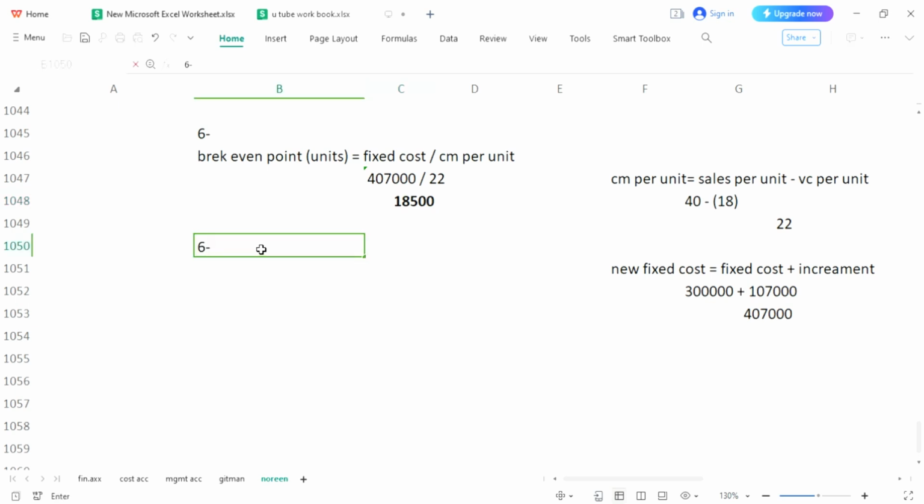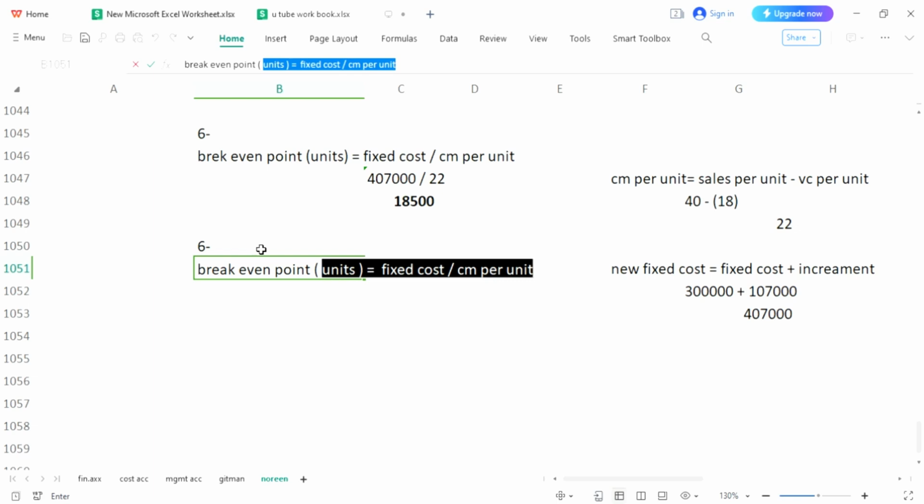We are going to calculate break-even point in terms of dollar, or amount, or sales. How do you calculate in terms of dollar? You need to have fixed cost and you will divide it with CM ratio, or contribution margin ratio.